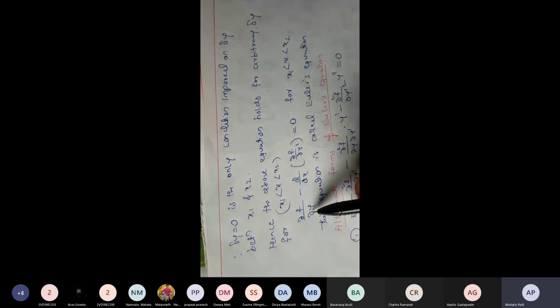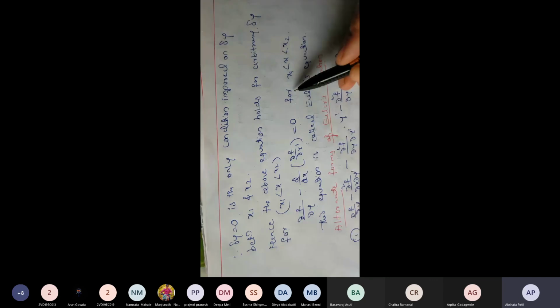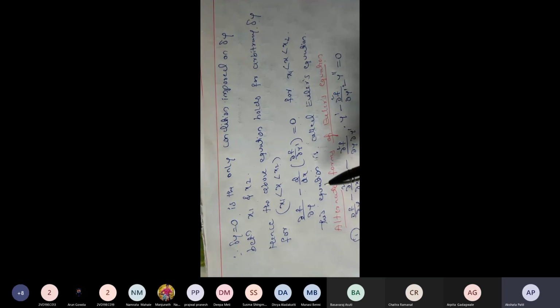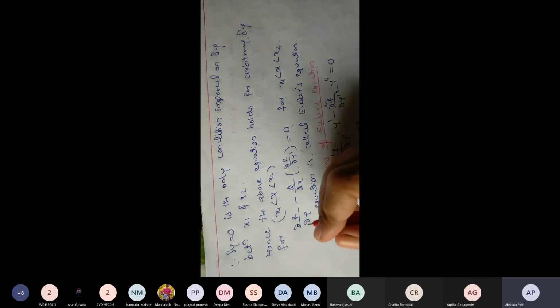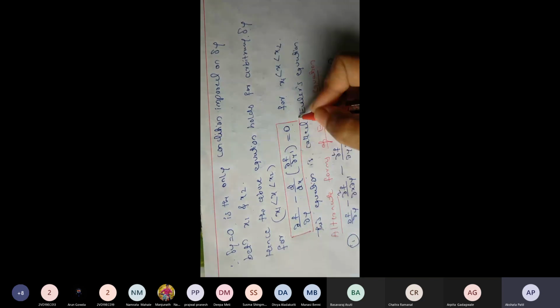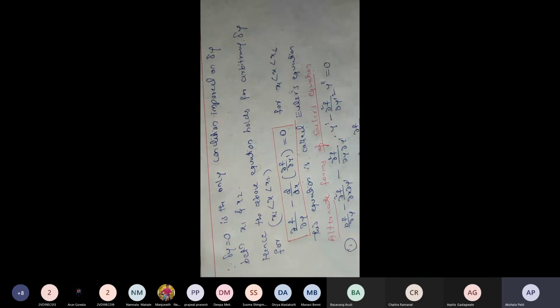So the expression is dou f by dou y minus d by dx of dou f by dou y dash, which equals 0, because delta y is arbitrary for x lying between x1 and x2. This equation that we have got, we call Euler's equation.